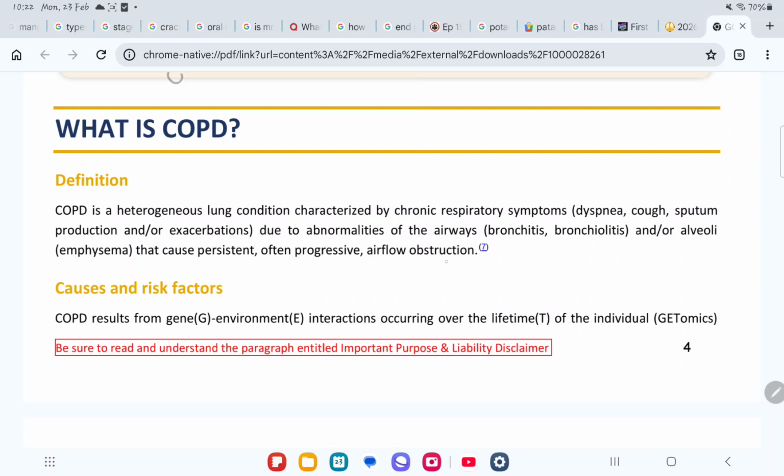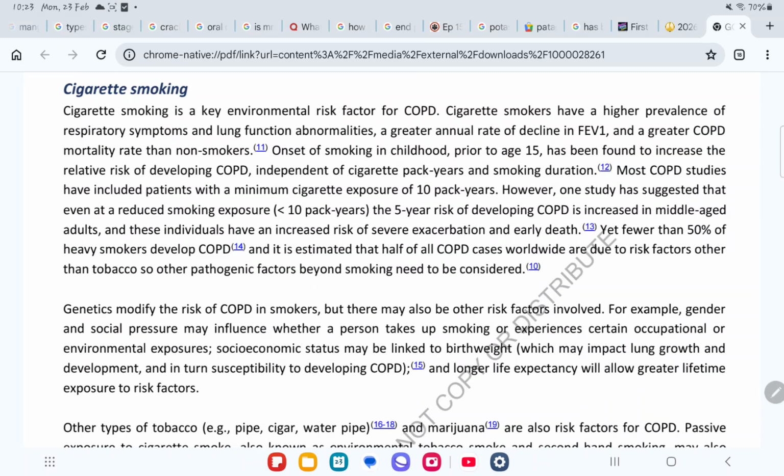So chronic persistent airflow obstruction due to abnormalities of the airway or the alveoli. Cigarette smoking is the biggest risk factor. Minimum cigarette exposure of 10 pack years is required.